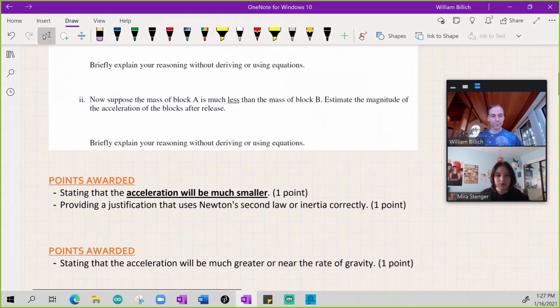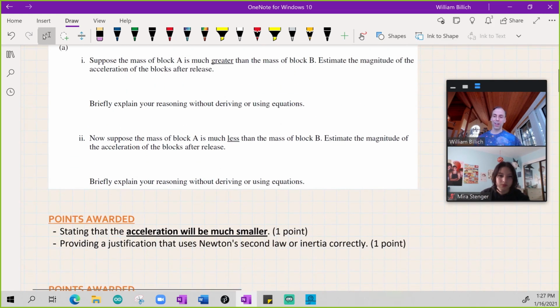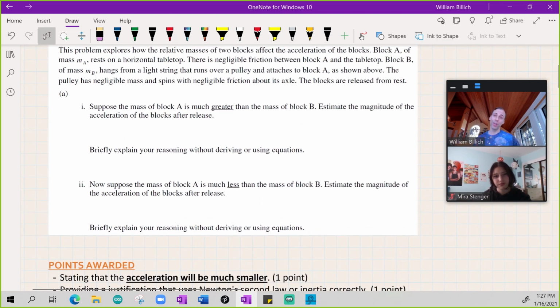All right. Next one. So here's what I'm talking about, that inconsistency. Look at part 2. It's one point just for stating that the acceleration will be much greater, or near the rate of gravity, but there's no points awarded for justification. There's already an inconsistency between the first and the second part of the same problem. Your face, Mira, reflects what I see in everybody.